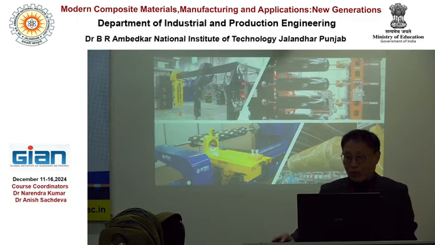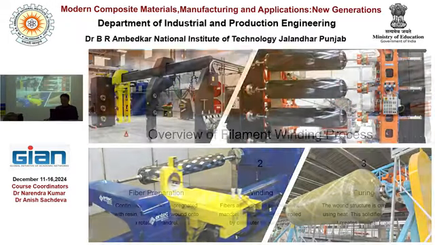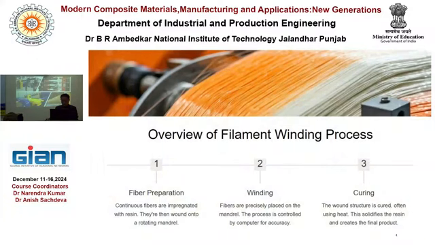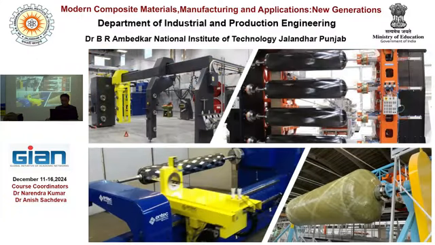This is wound around the cylinder. And this one is in the process, not fully wound yet. And this is also. This kind of winding machine is very useful these days and well advanced.